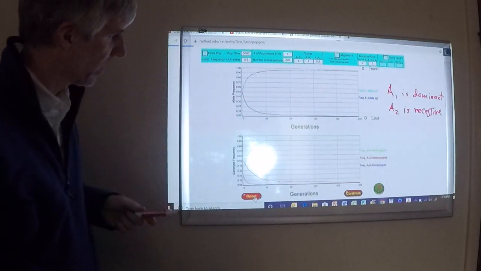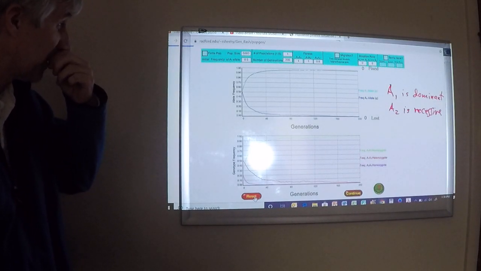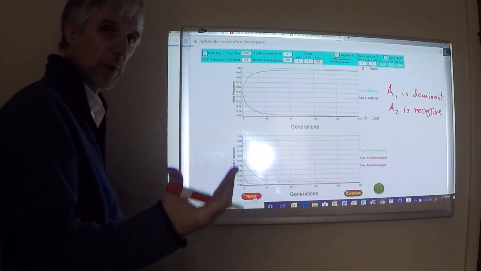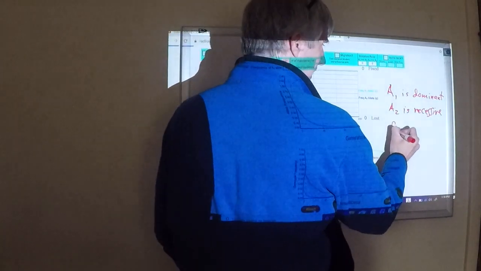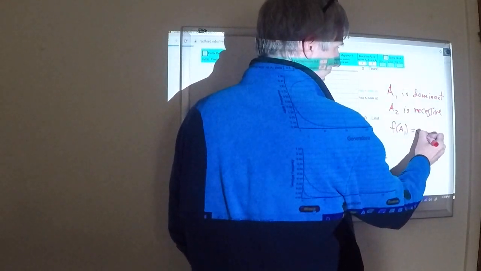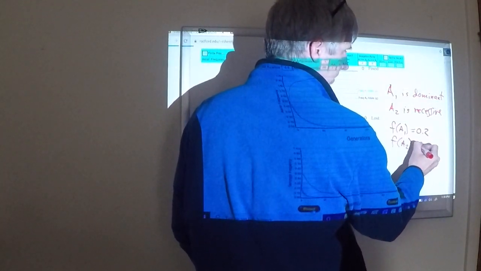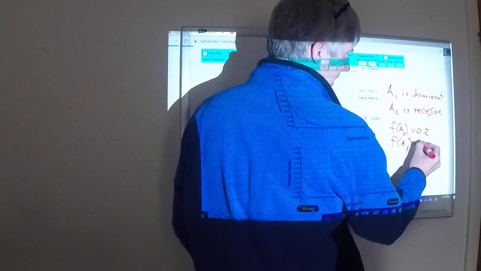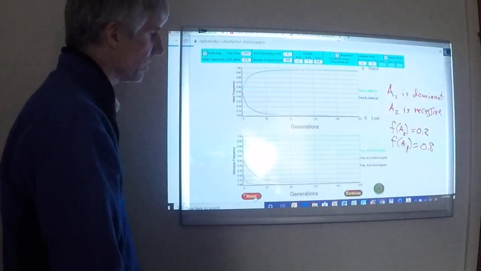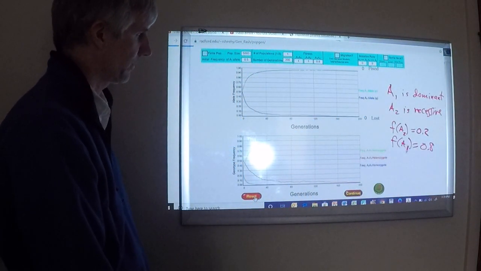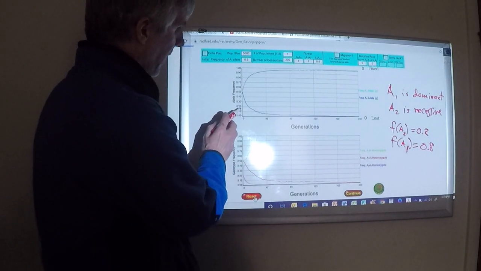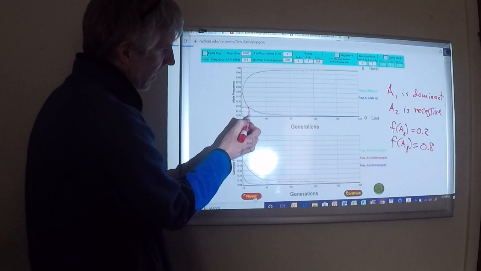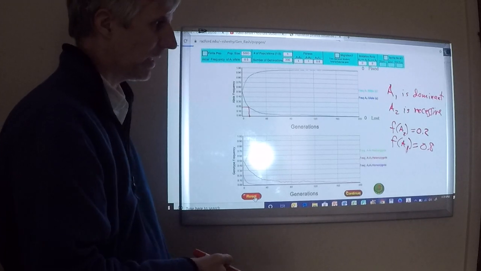Okay? Now, let's look at the population when the allele frequency for the A1 is, let's say, 0.2. So if we say that the frequency of A1 equals 0.2, the frequency of A2 is... sorry, the frequency of A1 is 80%, and the frequency of A2 is 20%. At this point here, this many generations in, the allele frequency is 20% for the A2.